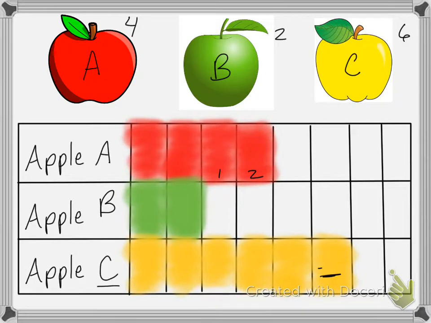So 2 more children liked apple A than apple B. How many more children liked apple C over apple B? Well, you can see that from B to C, there are 1, 2, 3, 4 boxes. So 4 more people liked C instead of B.